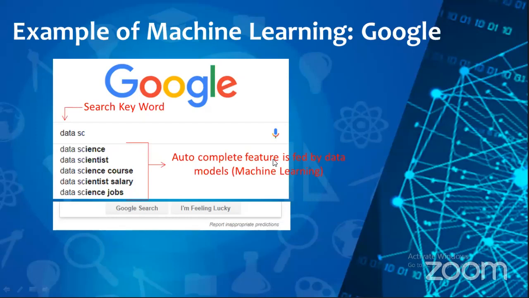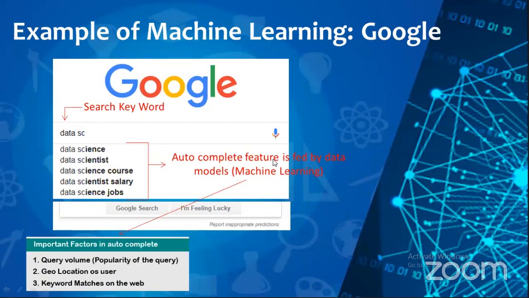That is what we call machine learning. Say I'm typing, for example, machine learning or data science. I type just 1, 2, 3, or 4, 5 letters and automatically you get a number of suggestions. Do you know practically what we call that? It is business intelligence.